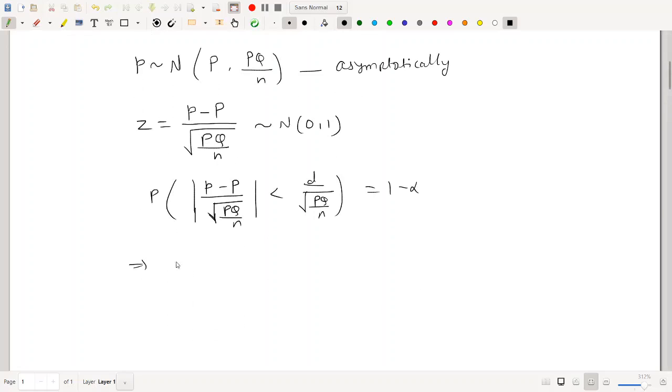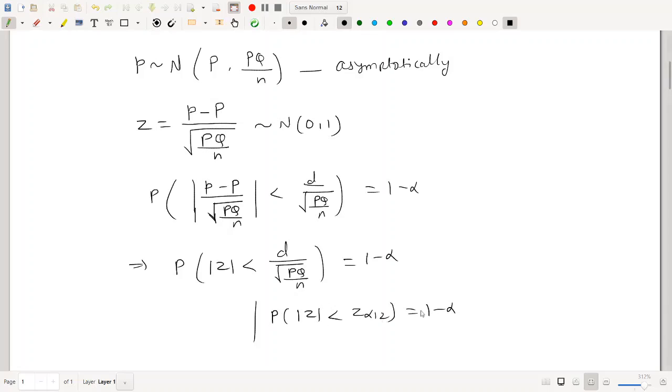This is your z. So probability of mod z is less than d upon root of PQ upon small n is equal to 1 minus alpha. We know if z is a standard normal variable, then probability of mod z less than z alpha by 2 is equal to 1 minus alpha.